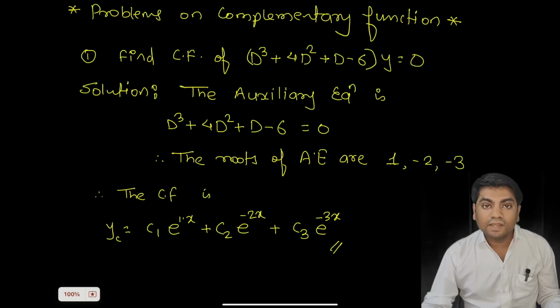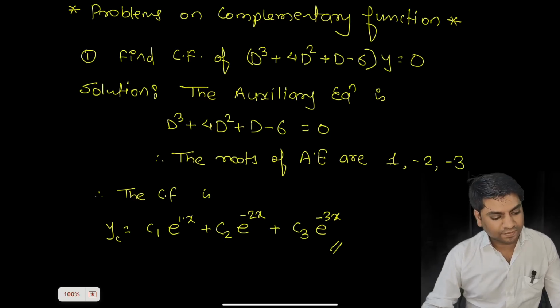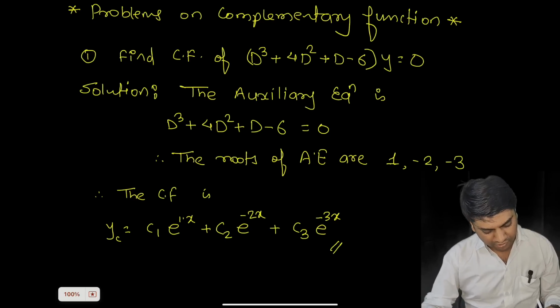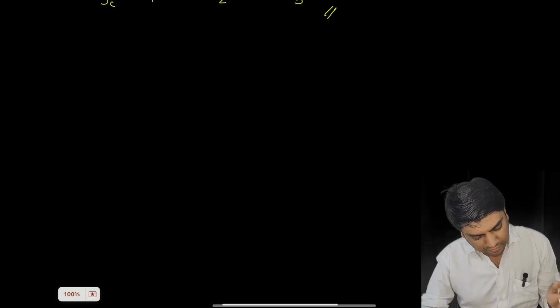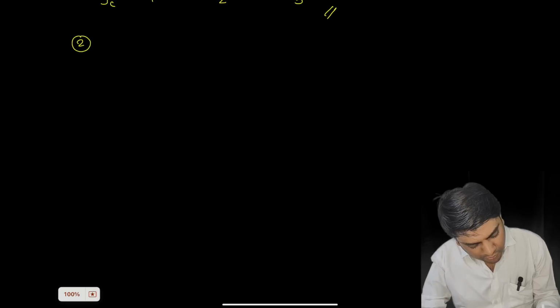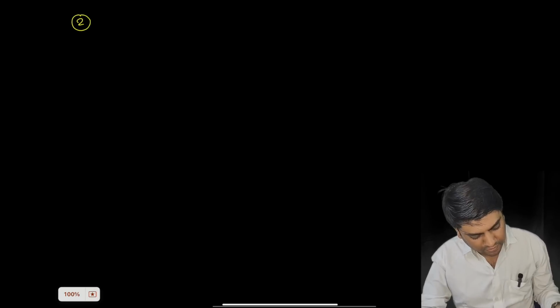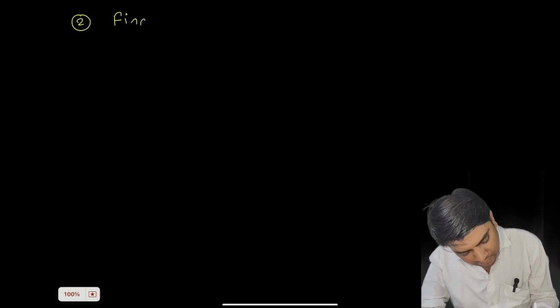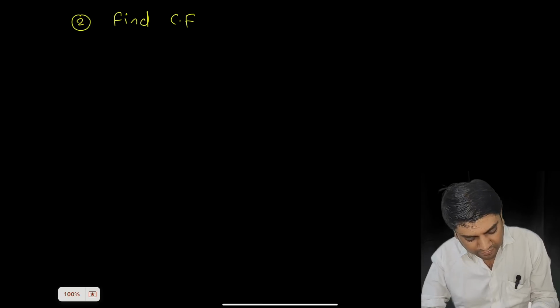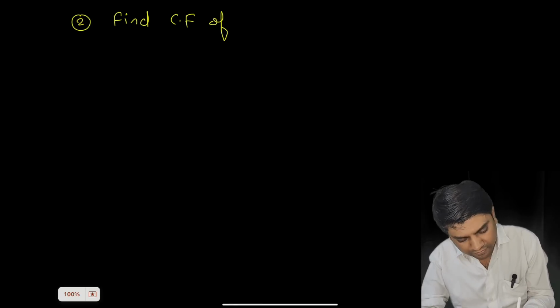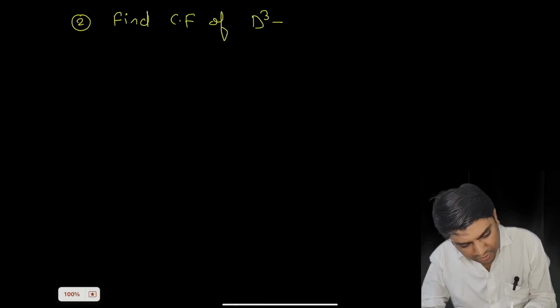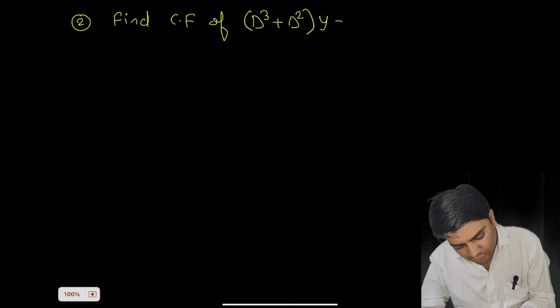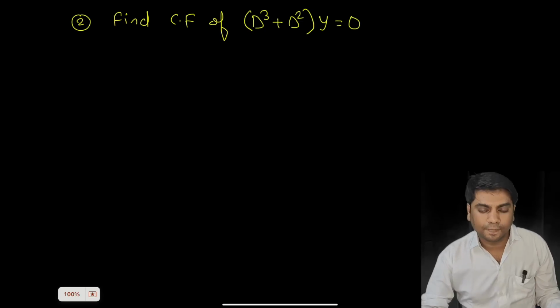Now similarly we can have another one. So suppose I have here another question, so problem number 2. Okay, so find complementary function of d cube plus d square into y is equal to 0.